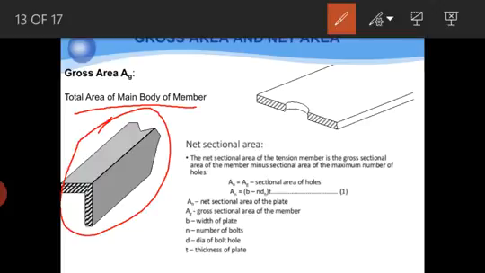If the end connection is made with bolts, holes are made in the member, then the presence of a hole in a plate subjected to tension produces a stress concentration at the hole edge in the elastic range, but the stress distribution becomes uniform at yielding or at ultimate stress. This means a net sectional area.